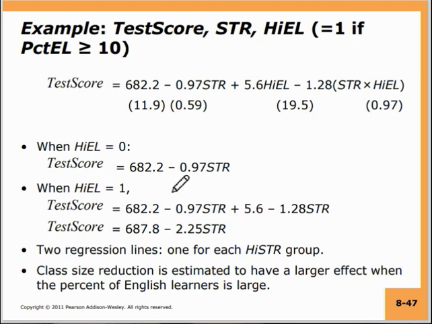So we get two different regression lines where both the intercept and the slopes are different. The magnitude of the slope is higher, so class size reduction is estimated to have a larger effect when the percentage of English learners is large, which is what we found earlier also.